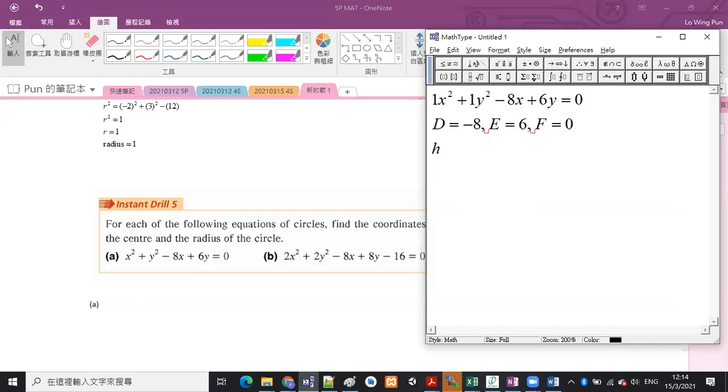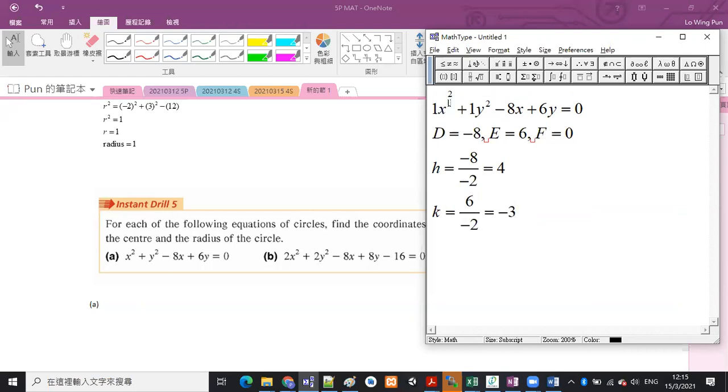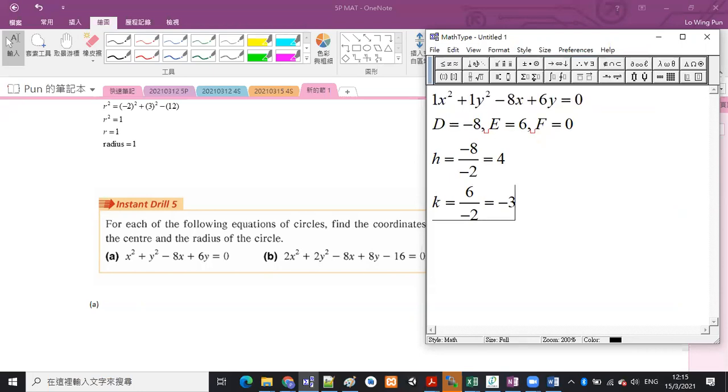Okay, and then the h value will be d over -2. That should be equal to 4. And the k value should be e over -2. So that should be -3. Okay, so the center should be equal to 4 and -3.